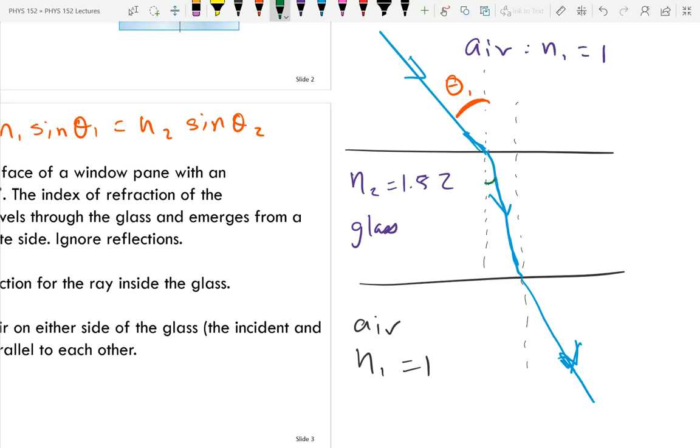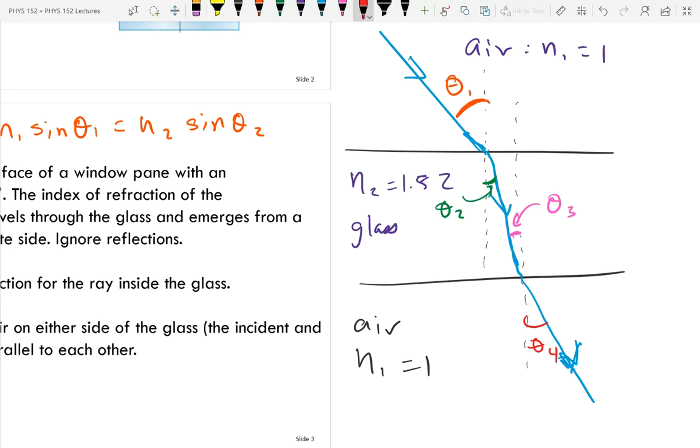So theta 2 is this angle here. And then we have another set, so I'm just going to go to theta 3. Theta 3 is going to be the angle between the normal to the next surface and my ray. And finally, there's theta 4, between the normal to the last surface and the exit ray.